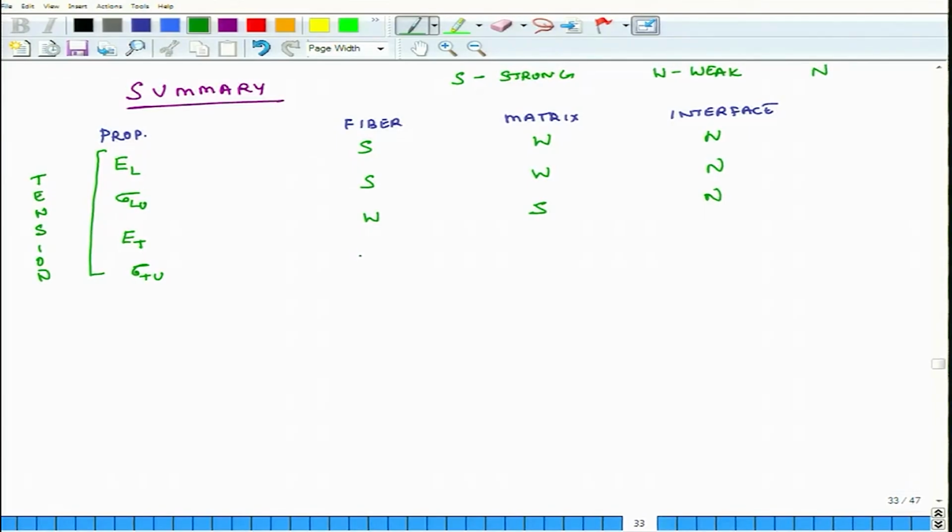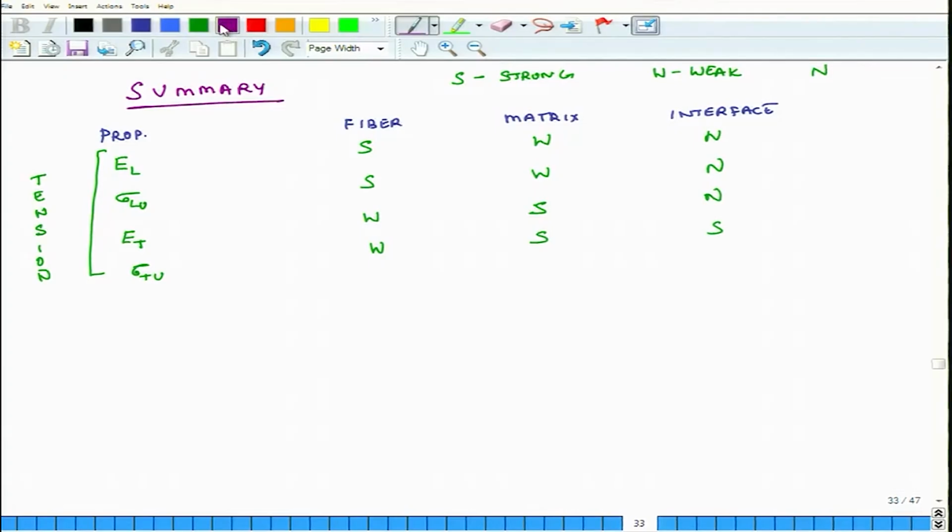And lastly, if you look at the transverse strength, when you apply tensile load, then once again the role of fiber is weak. What is really important is how good your matrix is, so strong, and how good you join the two things together. So, this has a strong role. So, these are tension related properties.